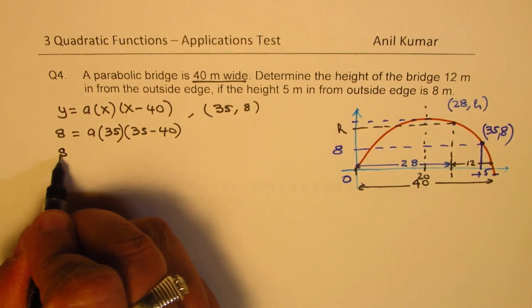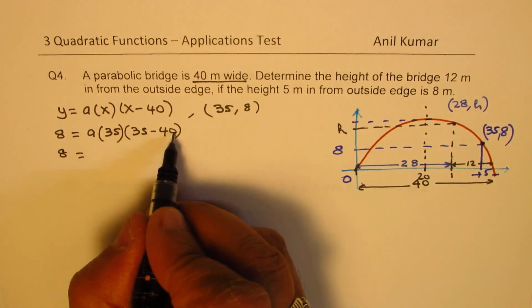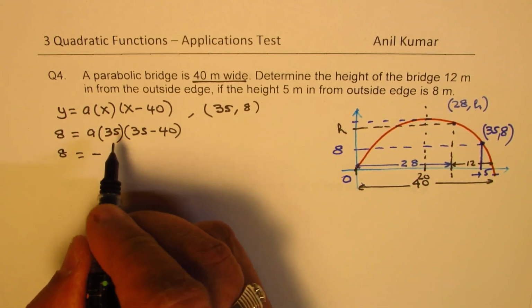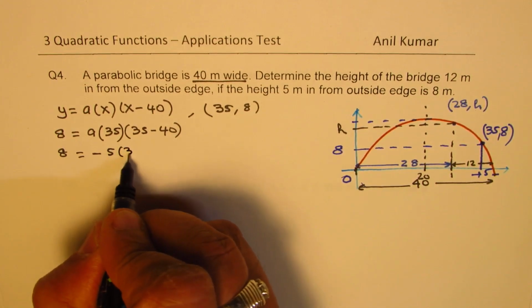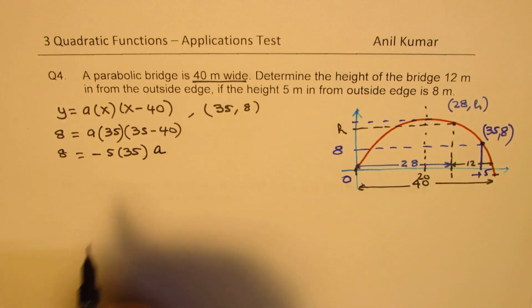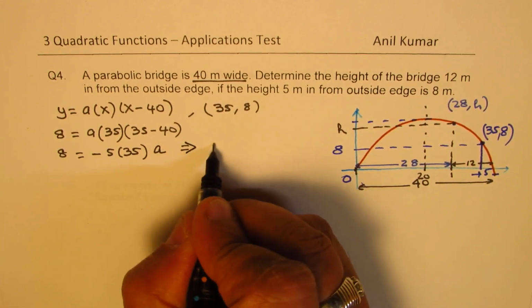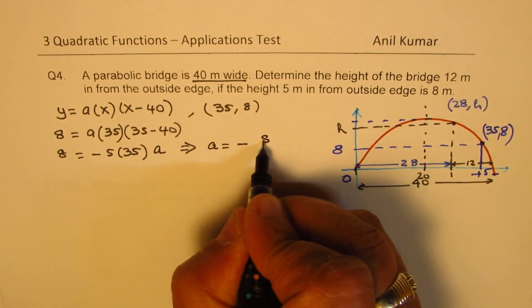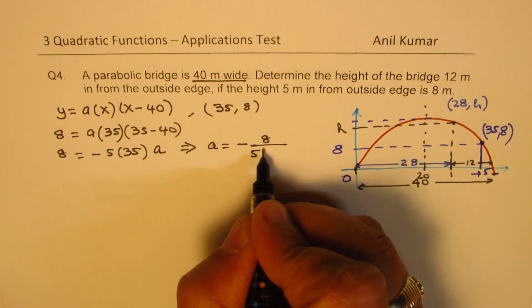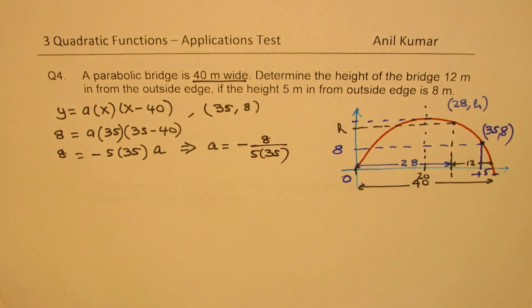Correct? So we have 8 equals, 35 minus 40 is minus 5. So we get minus 5 times 35 times a. So that gives you the value of a as minus 8 over 5 times 35. Correct? So let's calculate this value.